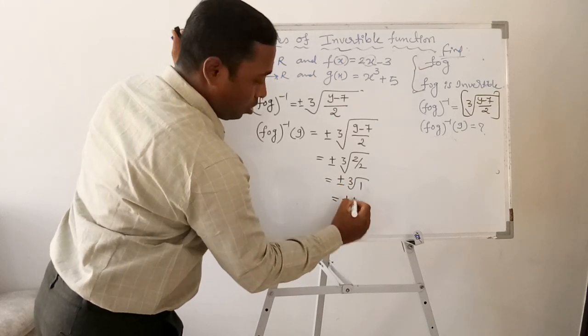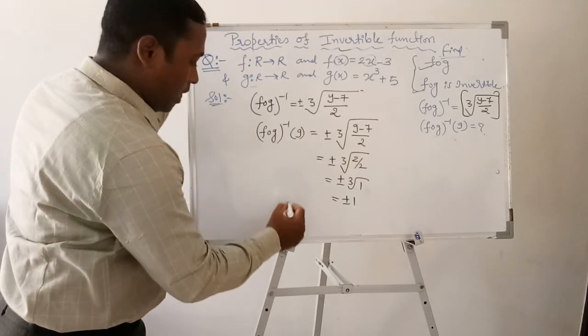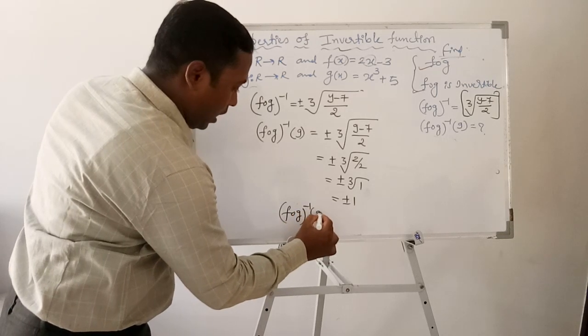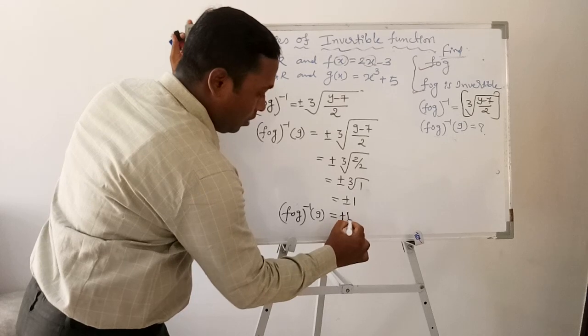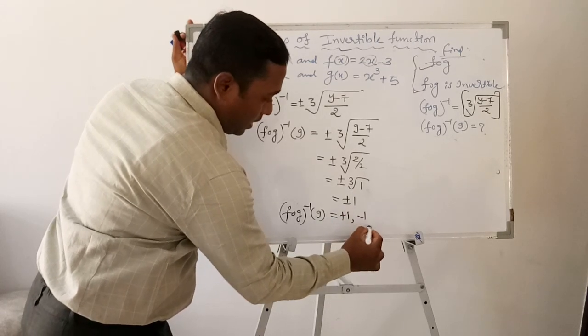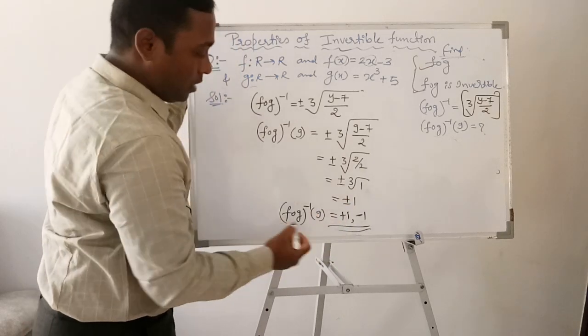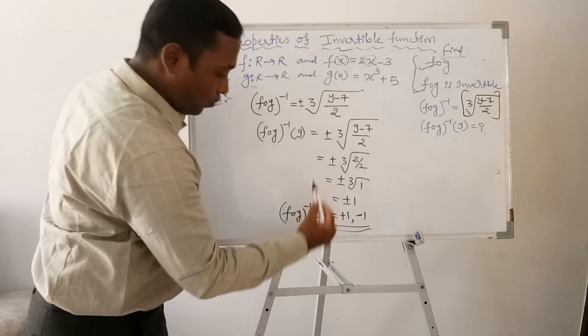And you know that the cube root of 1 is 1 only. So hence we can say that (f circle g) inverse of 9 has two values, plus 1 as well as minus 1. There are two possible values of this function. It means that 9 has two pre-images under this function.